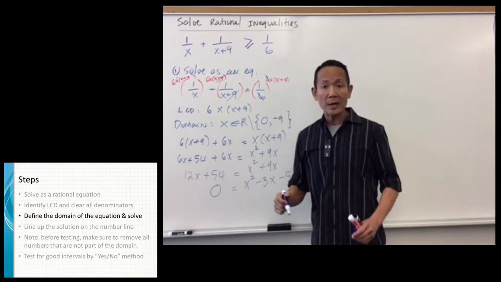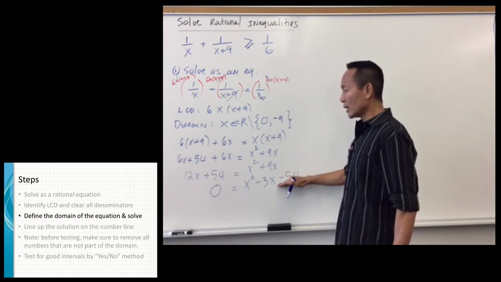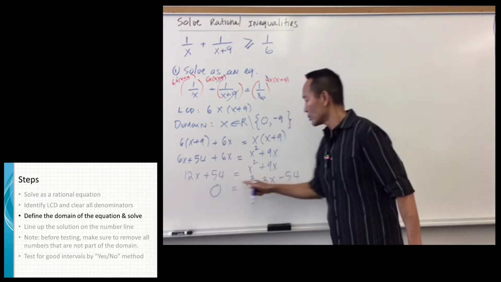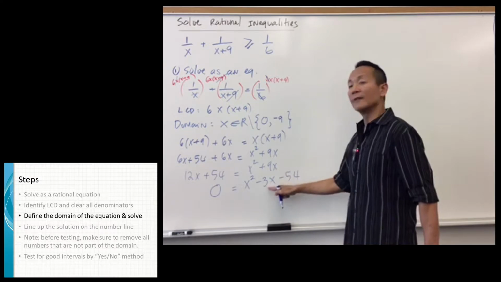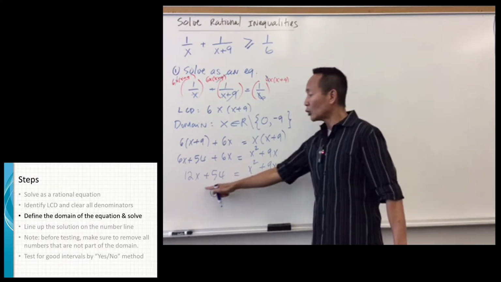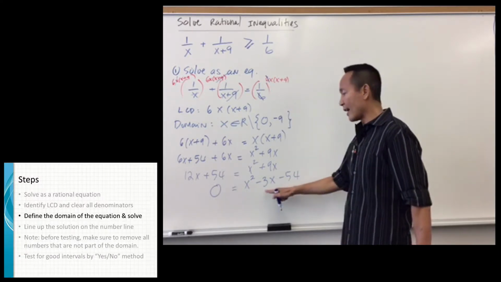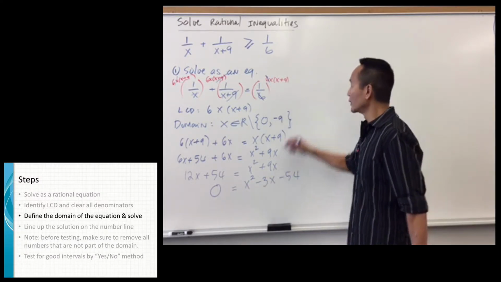Let me repeat one more time. How did I go from here to here? I subtract 12x here, giving 0, and subtract 12x here, giving negative 3x. I subtract 54 from the left and subtract 54 from the right. I have this, and now solving for this.